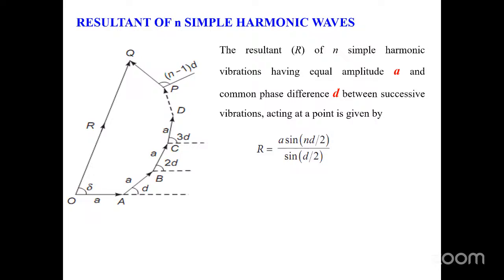So there we are using the direct equation, but from the examination point of view, they are not going to ask how to find the resultant amplitude of n simple harmonic vibrations, the capital R value. The thing is that you need to know how the equation comes out.